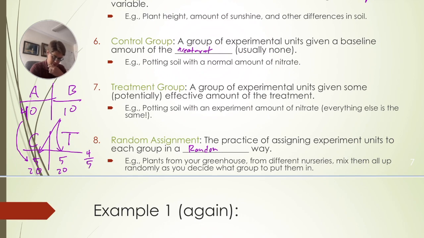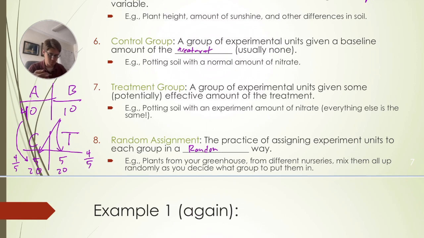The total is 50 plants. 4/5 of that are from nursery A. So if you did this randomly, the proportion of plants from nursery A in either group should be 4/5. And that's if you're just doing it random without stratifying.